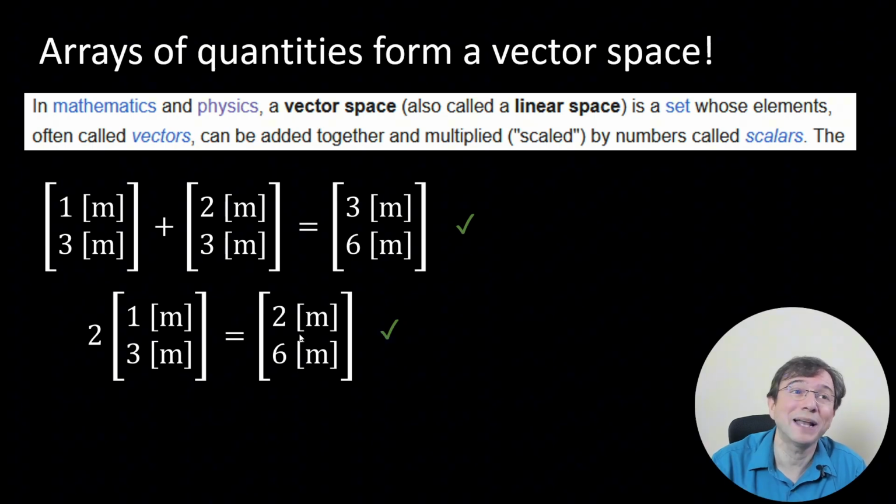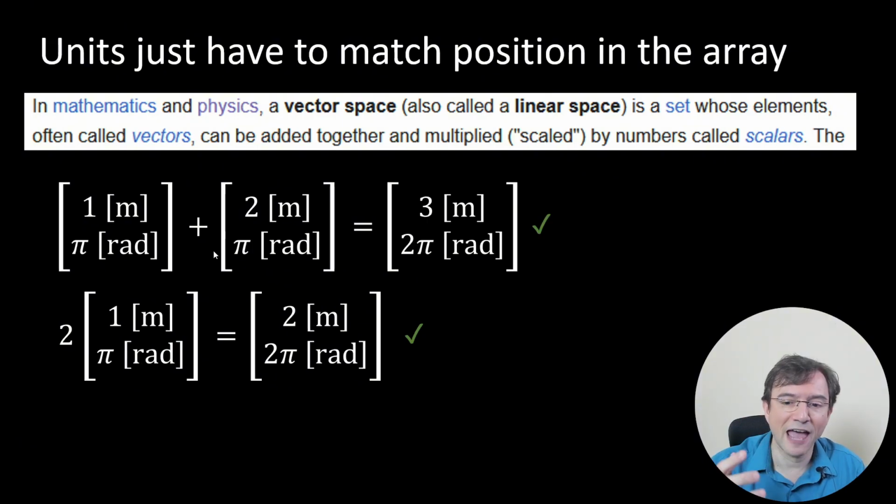An array of quantities does form a vector space, and this is also what our intuition is built on. Notice that we can also have arrays with different units as long as the position matches the units. So if the meter is always at the first spot and the radians are always at the second spot, then we can just sum them. 1 plus 2 is 3 and pi plus pi is 2 pi. And we can also multiply by a scalar and everything works fine. This fits the math correctly. Very good.